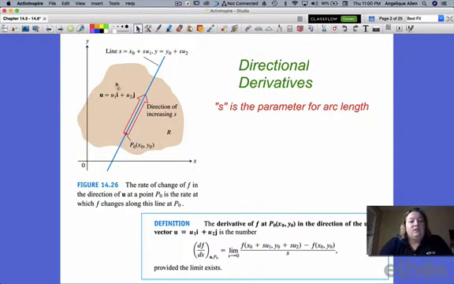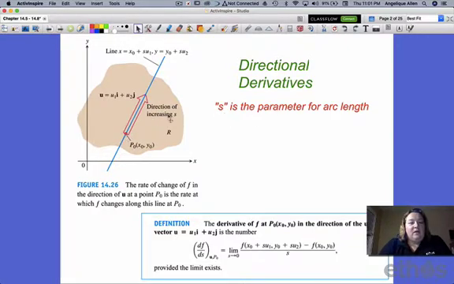So here's our general setup. We have a surface here, and we have a line drawn along that surface, and here's a point. They call it the initial point P at x naught, y naught, and we're looking at the vector u that flows in the direction of increasing arc length. S is the parameter in calculus that always indicates arc length.